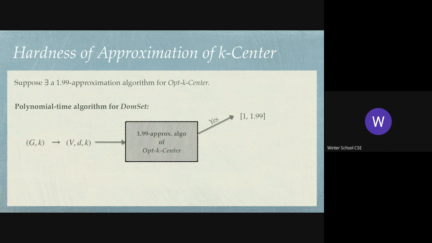What will be the minimum radius for V, D, K? It will be 2, from the reduction. So what values can you get if it is a no instance? It will be some value from 2 to 3.98.